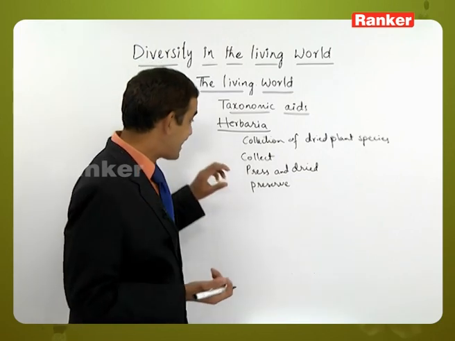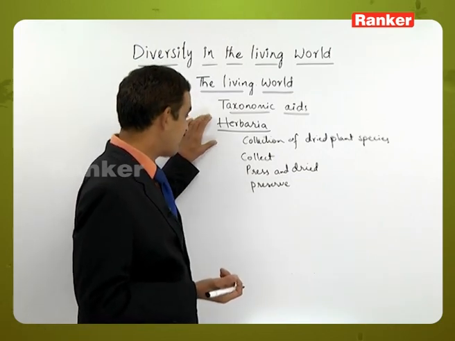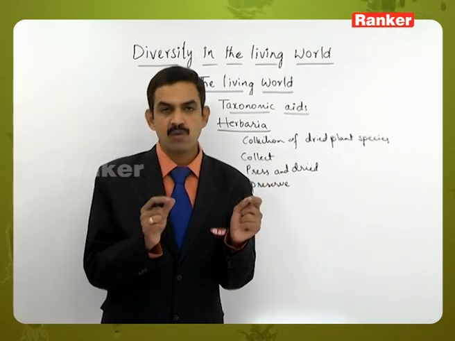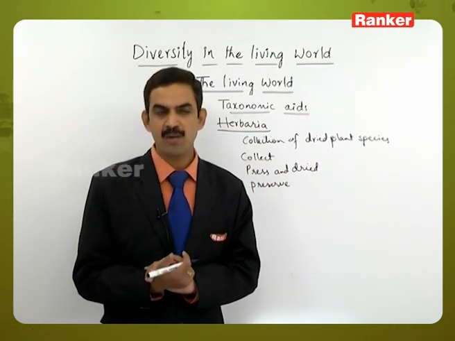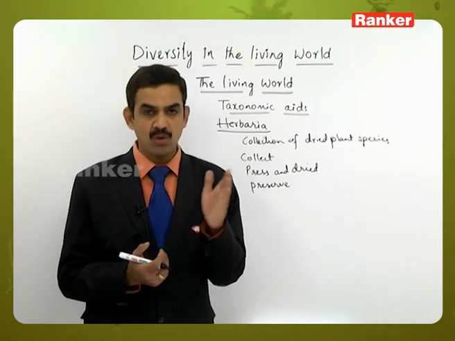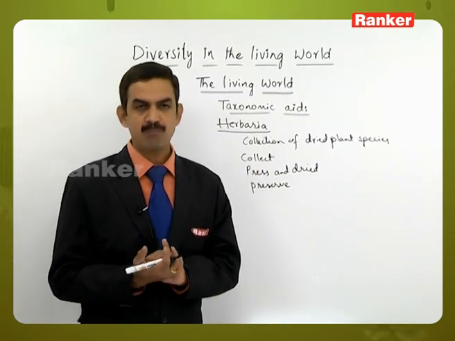So the plant species kept under herbaria are useful to compare the characters. When we compare the characters, we can know about the evolutionary changes which take place in the course of evolution in the plant species.